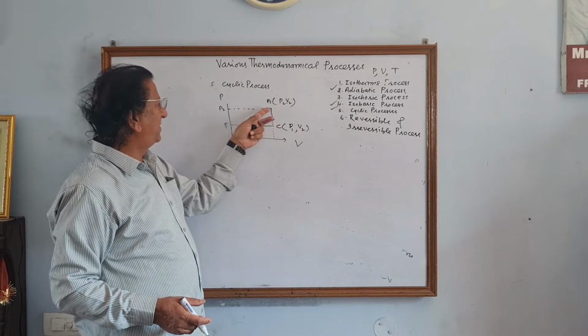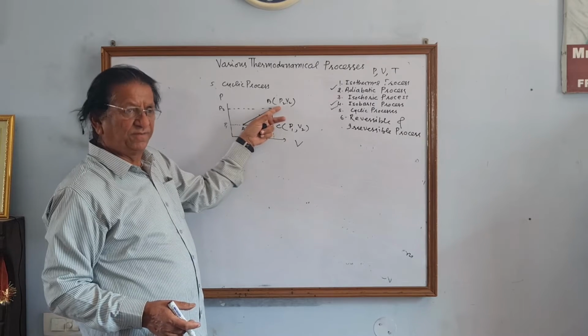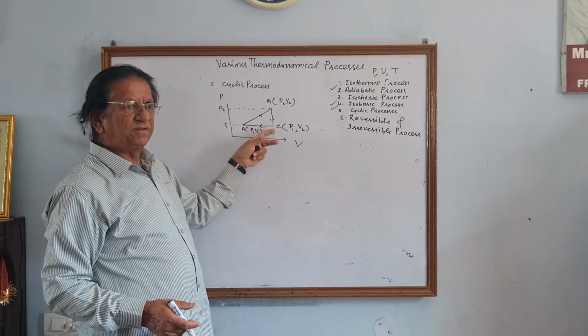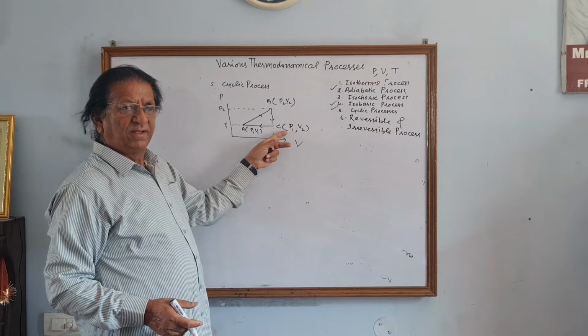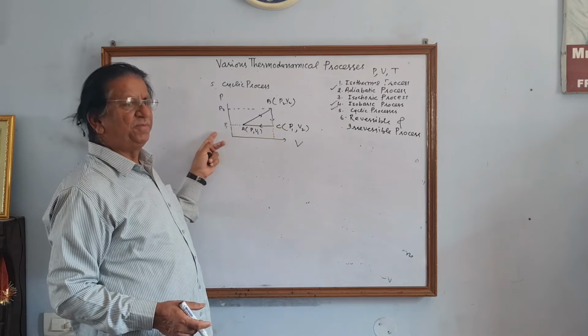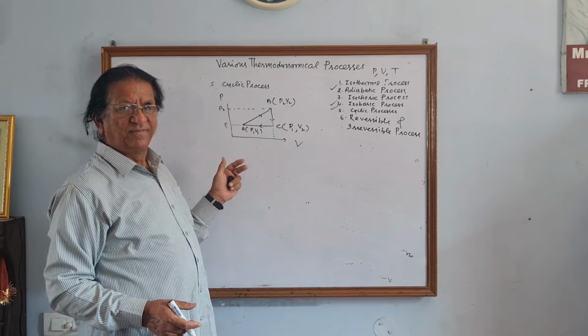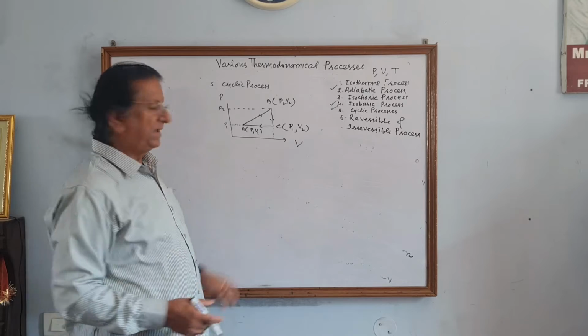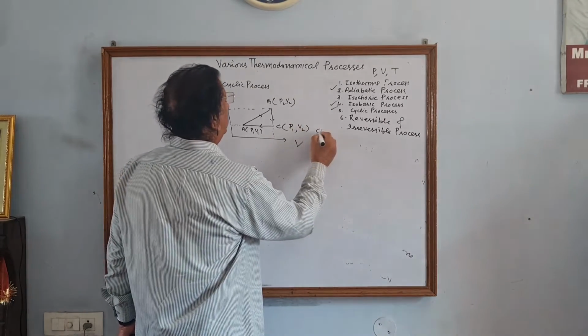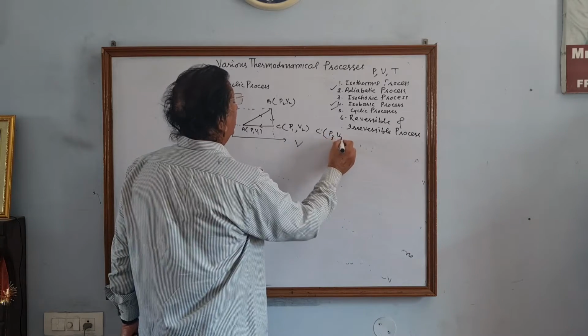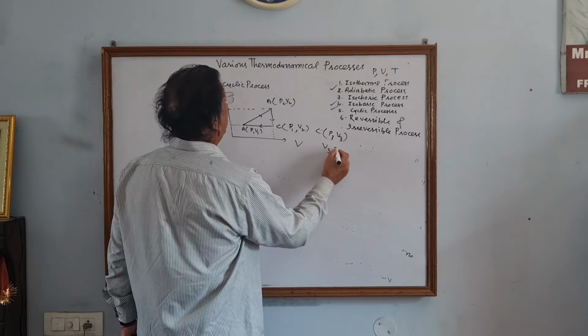That means while going from B to C, pressure has changed. And this is the third state. I have taken P3, and in this special case, P3 is equal to P1. Similarly, if you take the parameters of C as P3, V3, then you will say V3 is equal to V2.